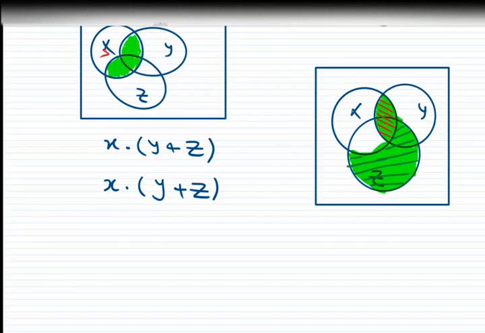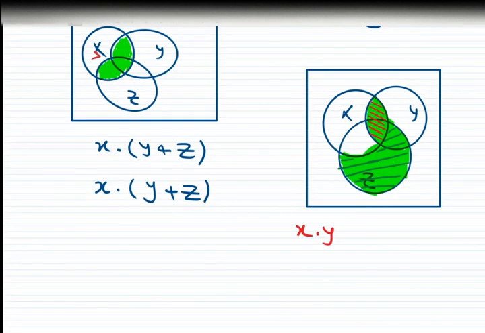So let's write the function. The red part is the common area between x and y, which is of course x, y, or any part which is part of z but not part of x. Okay, so this one is the function.